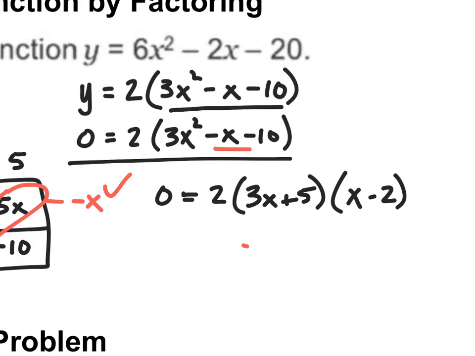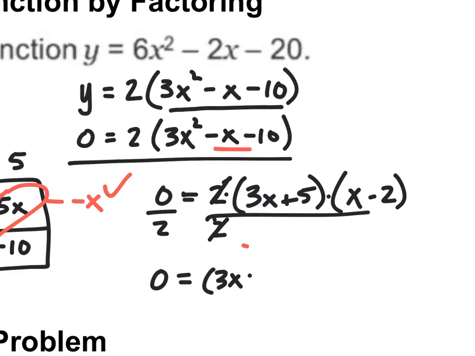Now, because I am multiplying the 2 by this quantity and then multiplying it by another quantity, I'm going to go ahead and divide both sides by 2. And what happens is the 2's divide out here, and 0 divided by 2 is still just going to give me 0. So I still just have 0 is equal to 3x plus 5 times x minus 2.